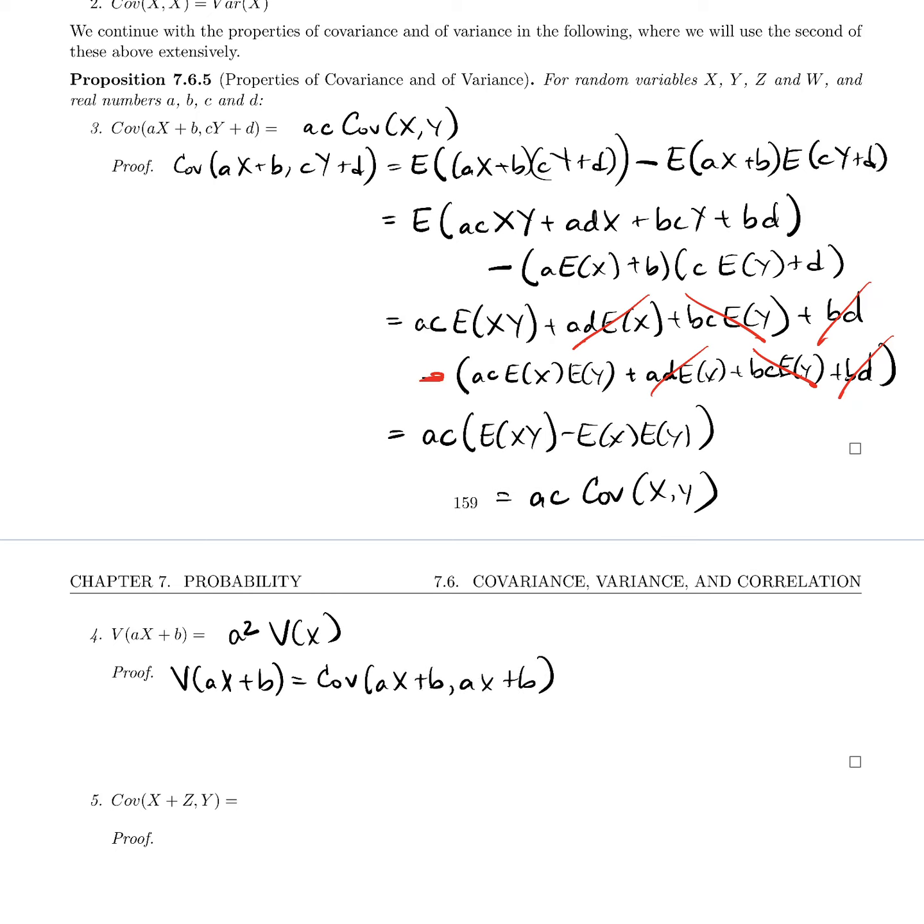The second aX plus b is in the position of cY plus d, so we get ac, which is a times the covariance of XX. And a times a is a squared, and the covariance of XX is the variance of X.